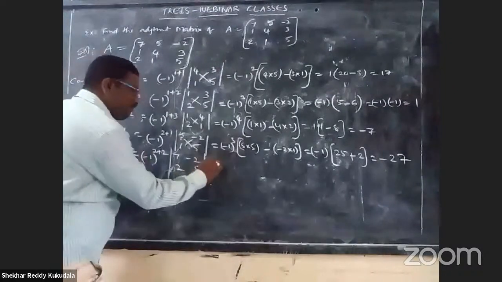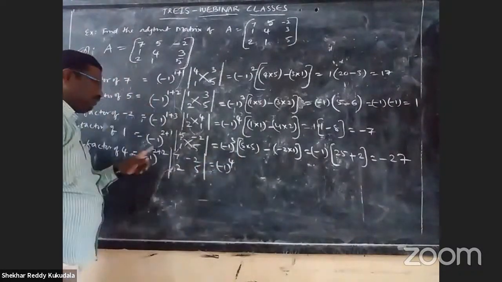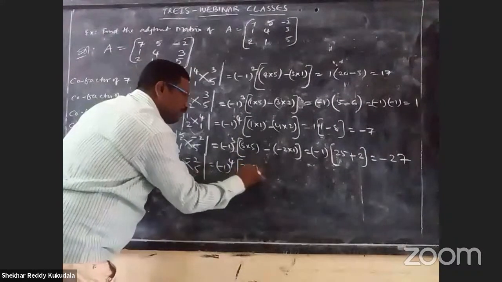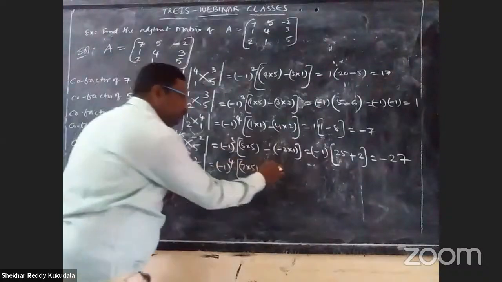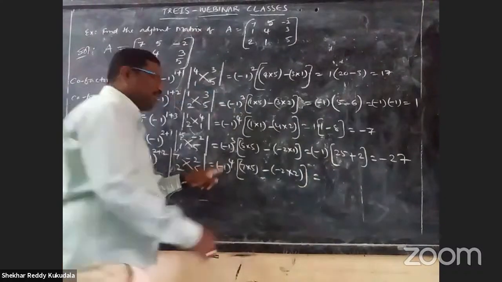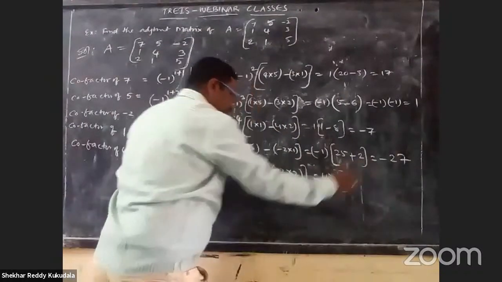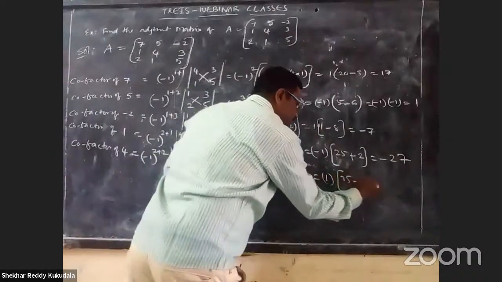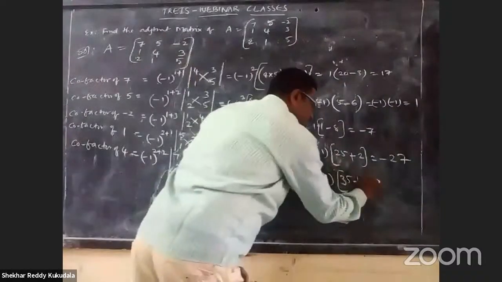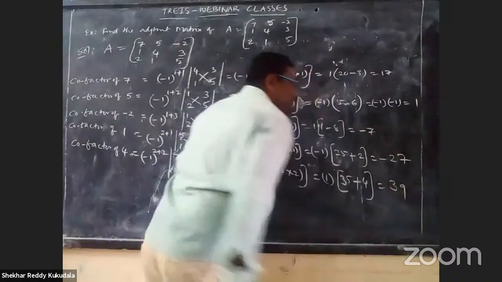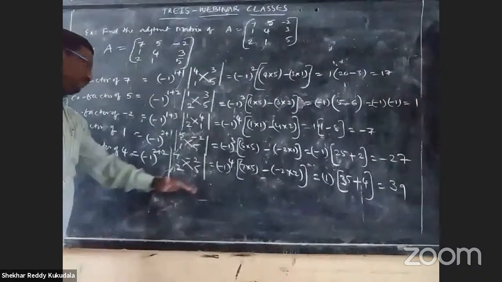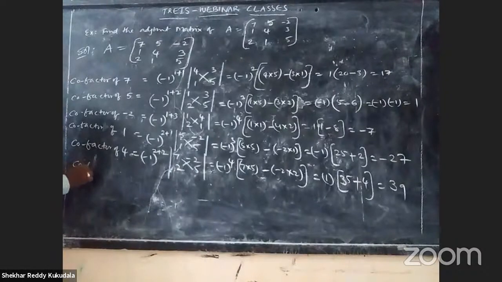So minus 1 power 4 into AD minus BC: 7 into 5 minus 2 into 2. Minus 1 power 4 is nothing but 1. Next, 7 fives are 35, minus 2 into 2 is minus 4, and minus of minus becomes plus 4. 35 plus 4 is equal to 39.